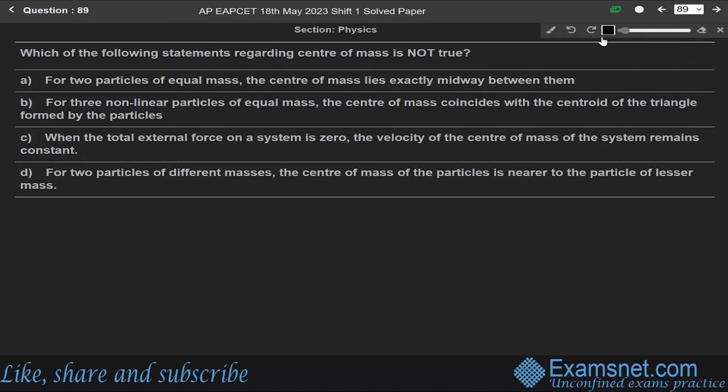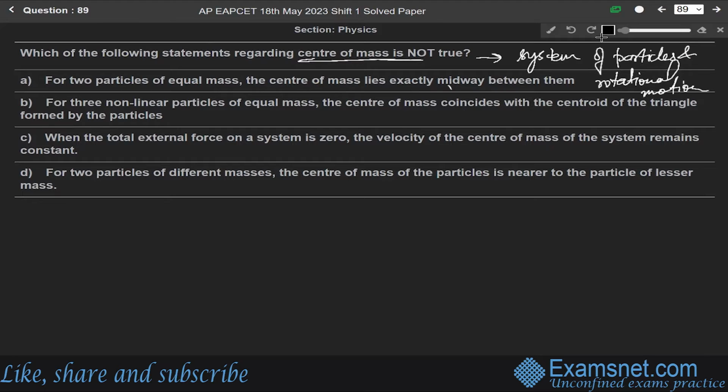Which of the following statements regarding center of mass is not true? This question belongs to center of mass, which means the question is from the chapter of system of particles and rotational motion. The first statement says, for two particles of equal mass, the center of mass lies exactly midway between them.